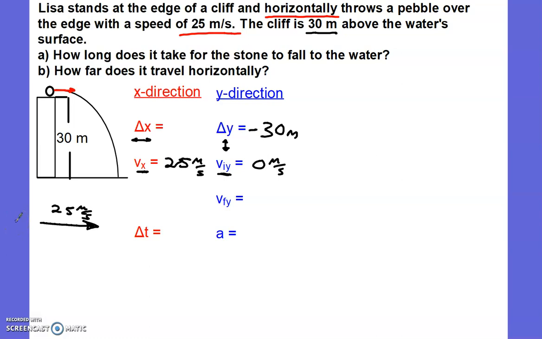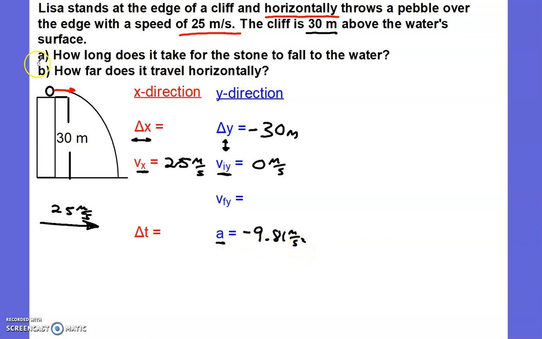We actually know one other number. We always know this number whenever it's a projectile, and that is the acceleration. The acceleration is always negative 9.81 meters per second squared. So this number we will always be able to fill in.